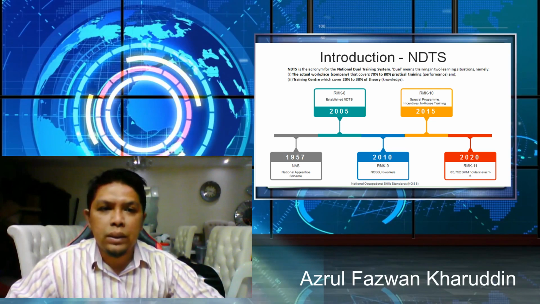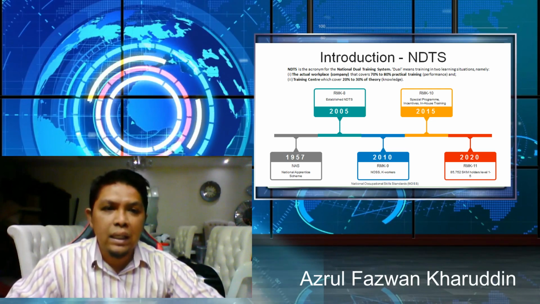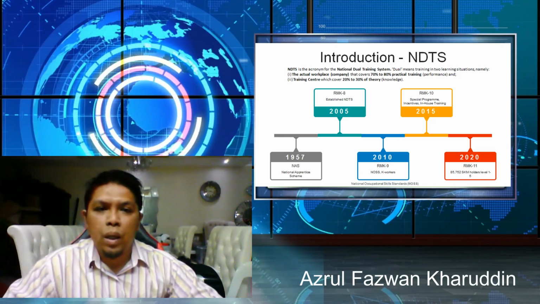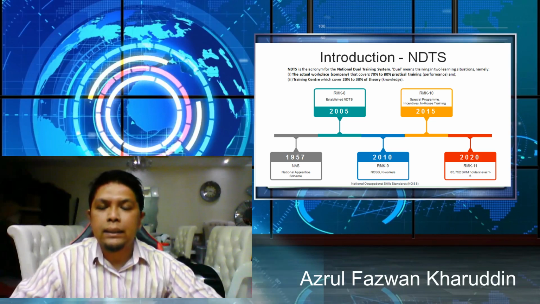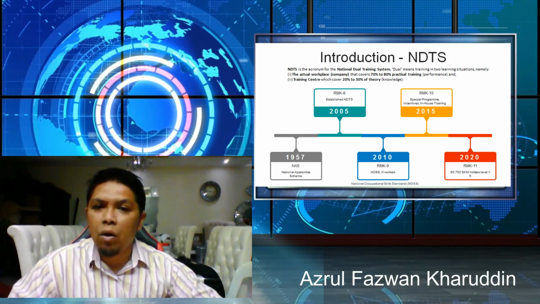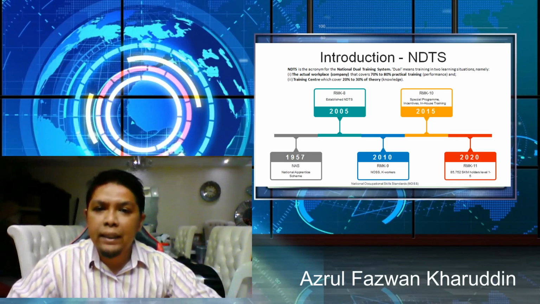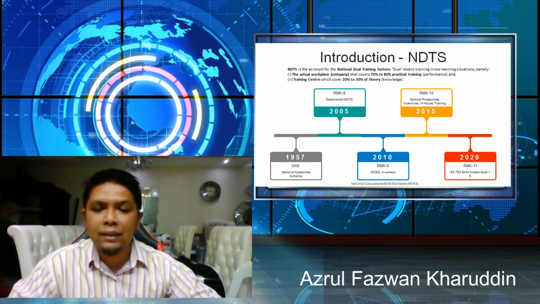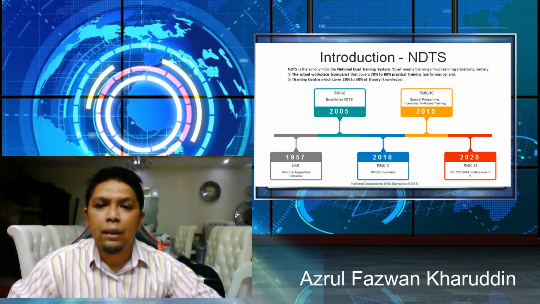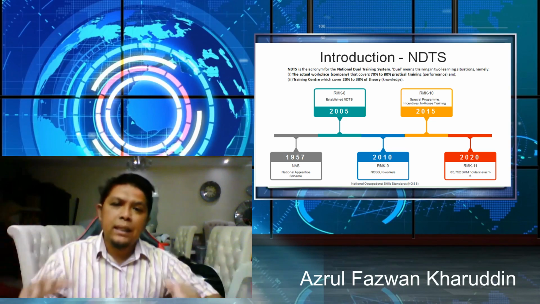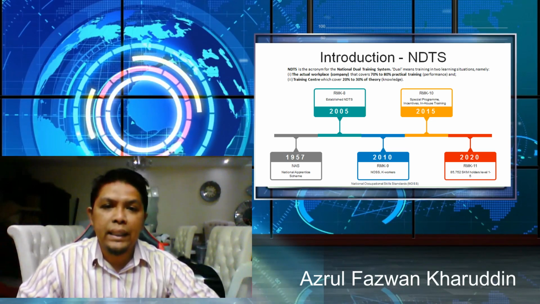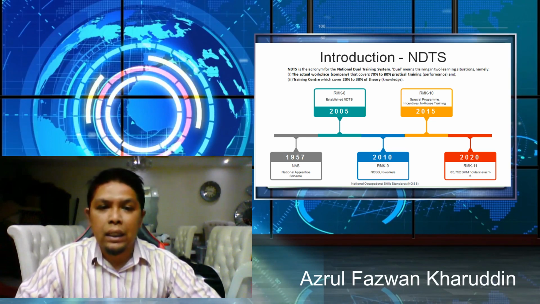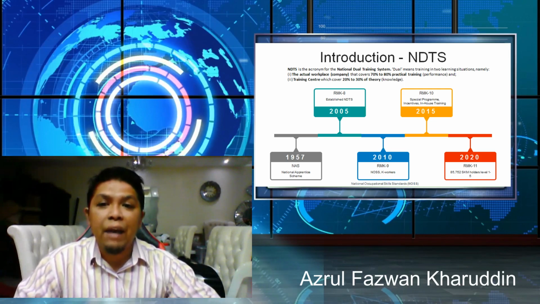Dual means training in two learning situations. In this program, all the applicants, whom we call trainees or apprentices, are divided into two settings. One is the training center, and the second is the actual workplace, or company. The apprentice will go for the theory first. Twenty to thirty percent of the syllabus is covered there, the knowledge part, and they have to pass this.